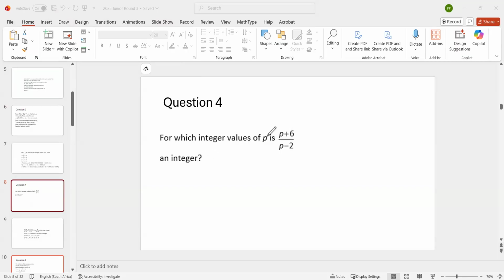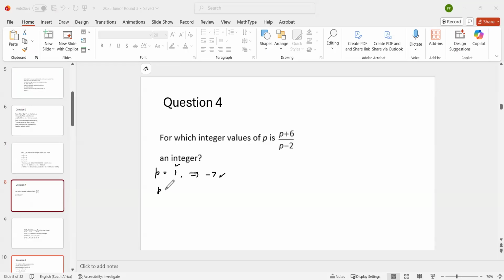All right. Now, let's try a couple. So say P equal to, say, 1. 1 plus 6 is 7. 1 minus 2 is minus 1. So that gives you minus 7. And that's an integer. So P equals 1 is a possible value.